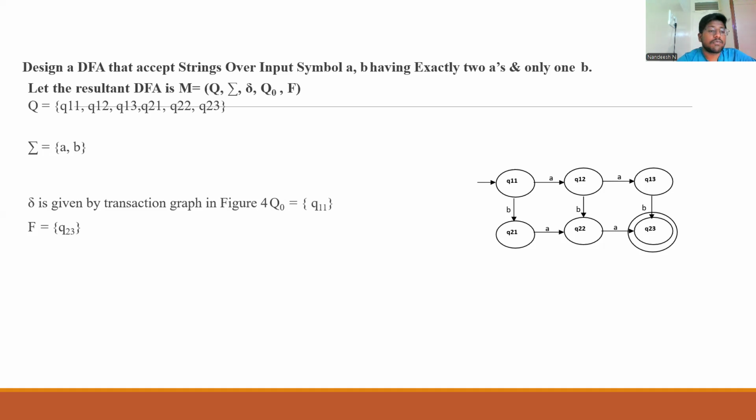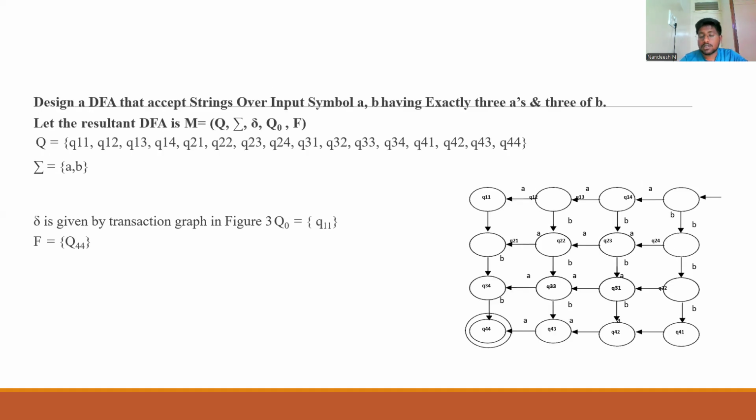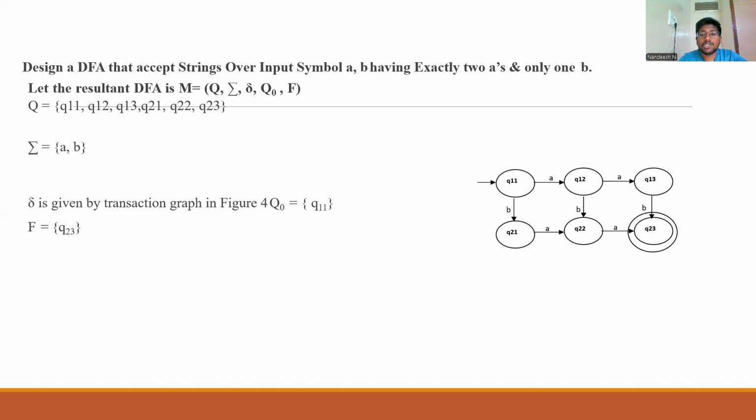In this figure, the resultant final state is Q23. In the first problem, the initial state is Q naught and the final state is Q44. In the second one, the initial state is Q11 and the final state is Q23.